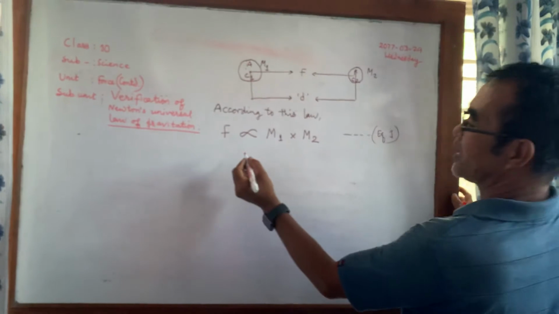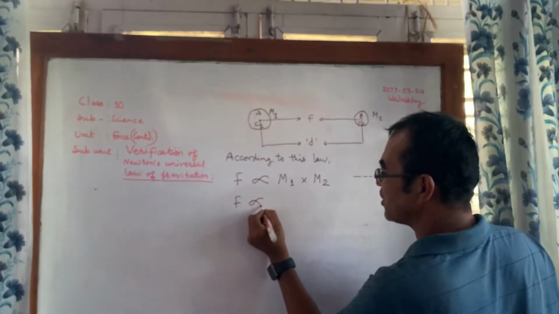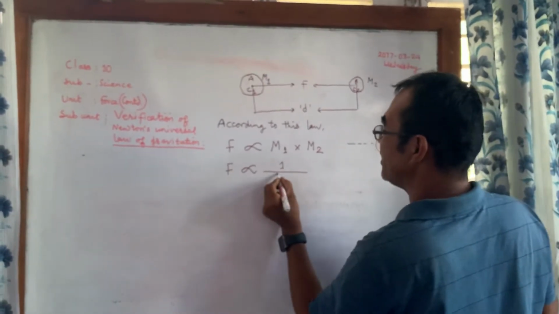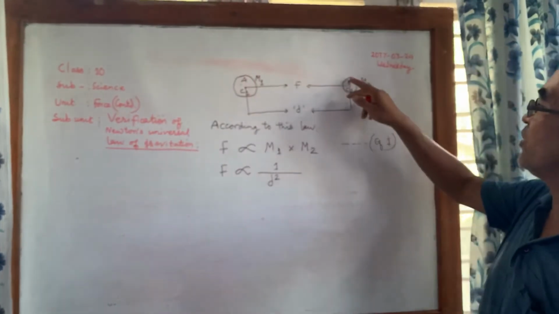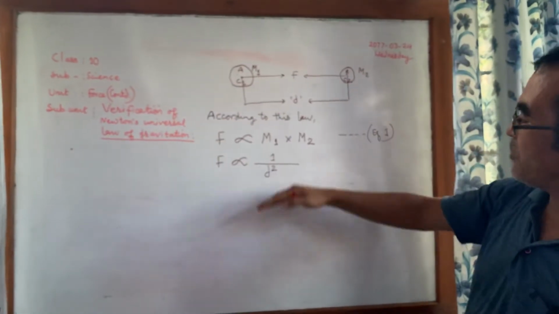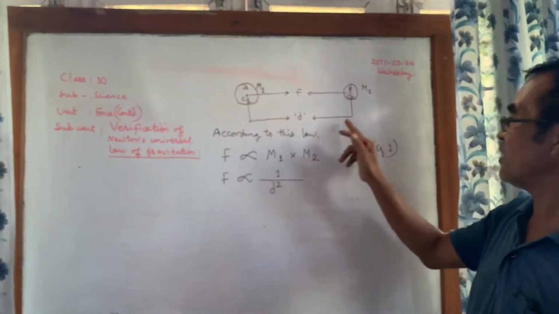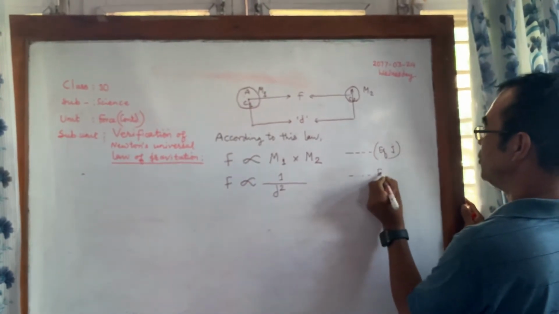Similarly, force is inversely proportional to the square of the distance between their centers. The force between them is inversely, meaning 1 by the square of the distance between their centers. Equation number 2.